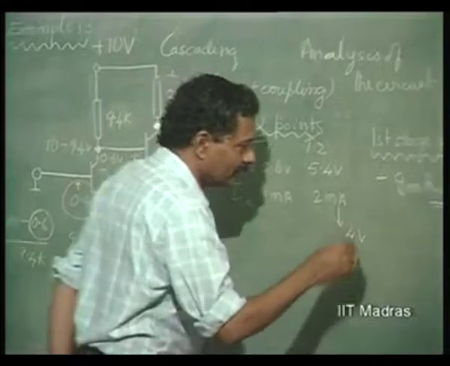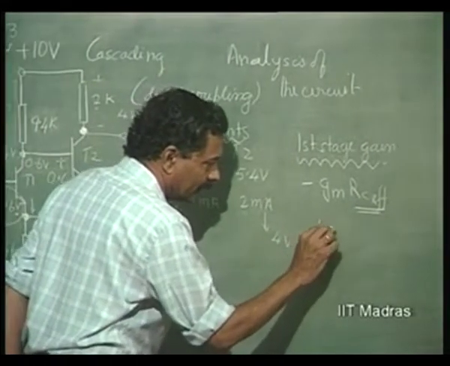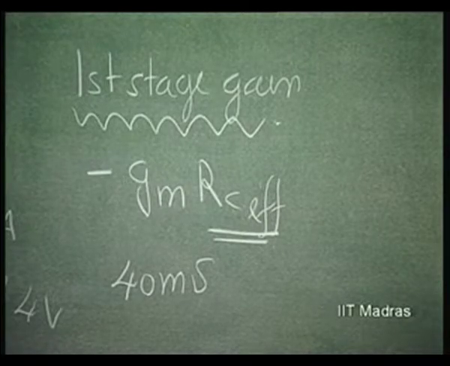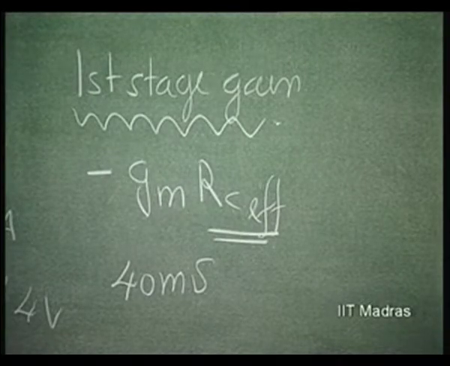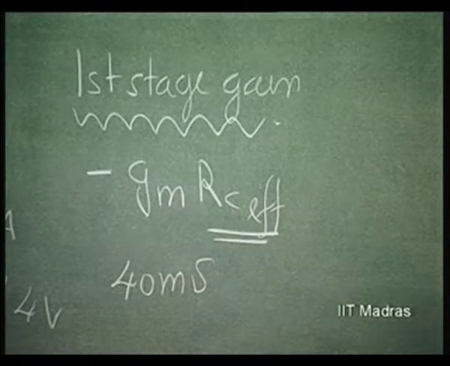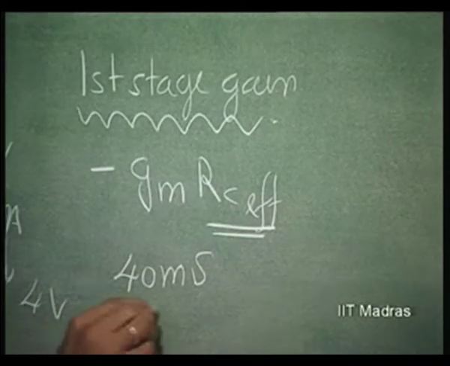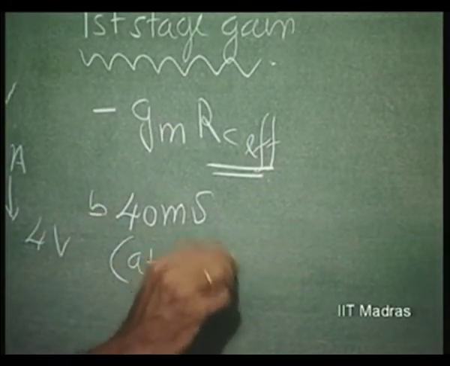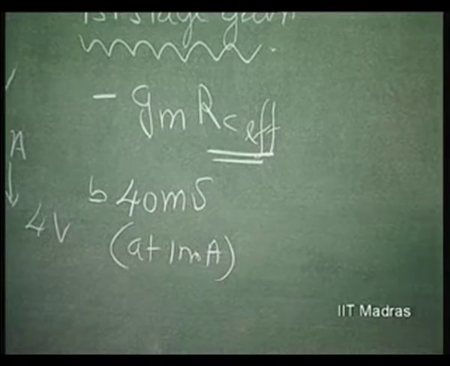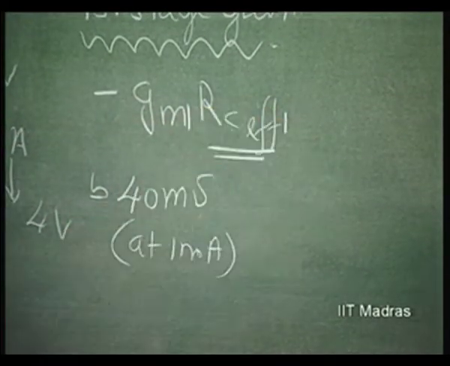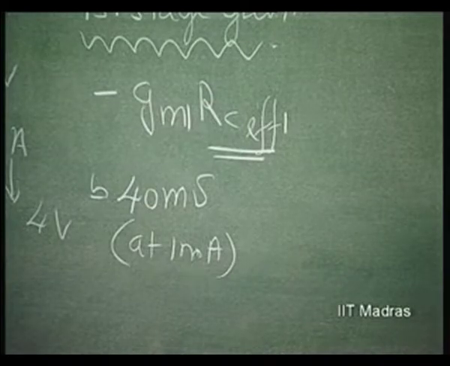So, gm is 40 millisiemens, assuming that it is 25 ohms. So, gm at 1 milliampere approximately. We will call this gm1 and RC effective 1, corresponding to transistor 1.